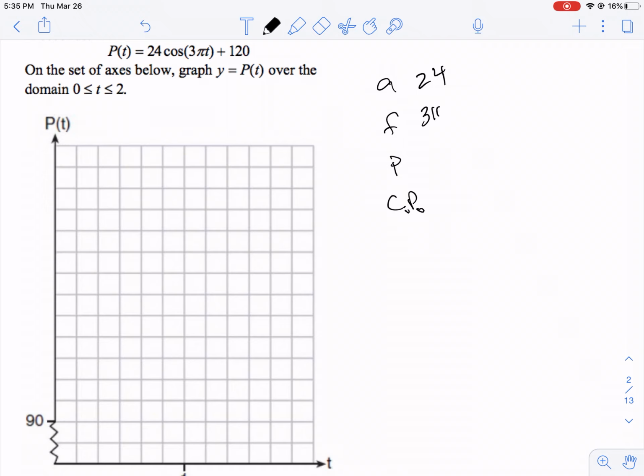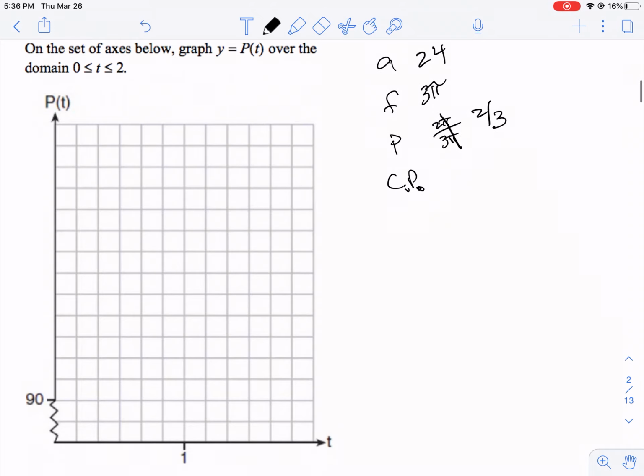Frequency is the number touching the variable, 3 pi. Period is 2 pi divided by the frequency, so 2 pi divided by 3 pi is 2/3. And critical points, when you divide it by 4. So 2/3 divided by 4, keep it, change it, flip it. 2/12, so 1/6.